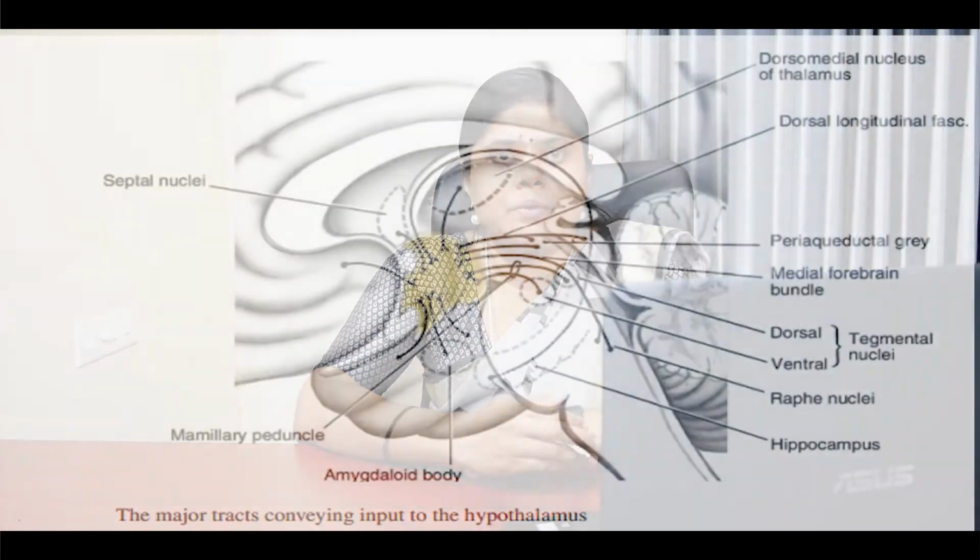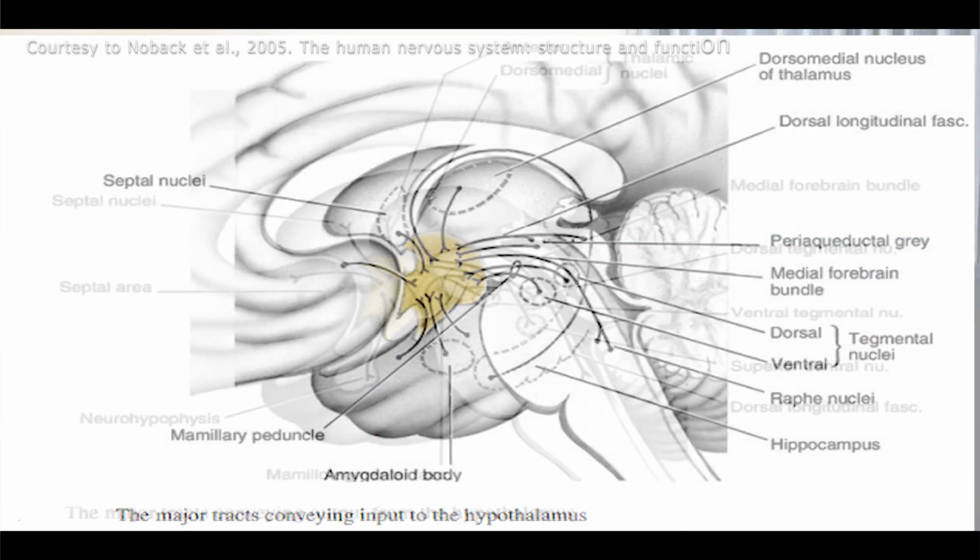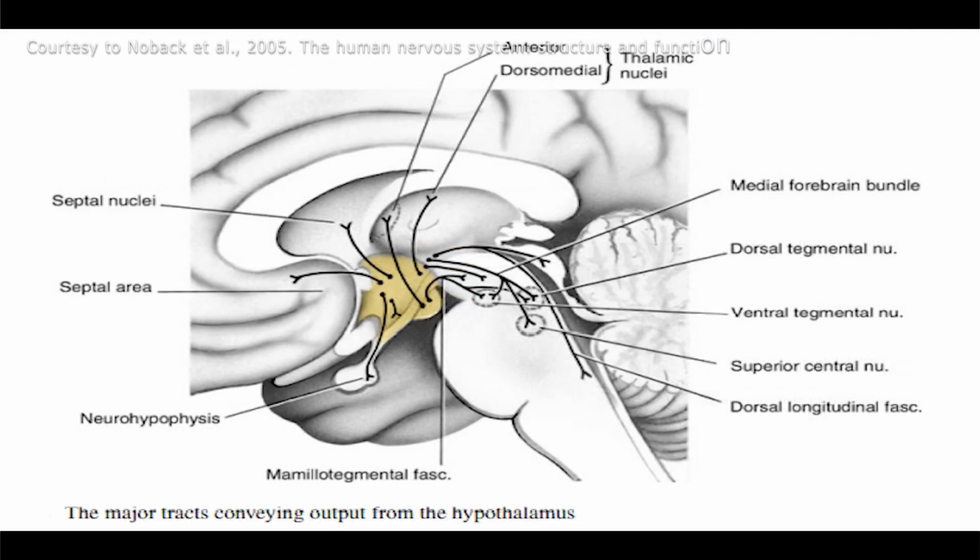The hypothalamus, despite its very small size of only a few cubic centimeters, has two-way communicating pathways with all levels of the limbic system. In turn, it and its closely allied structures send output signals in three directions.